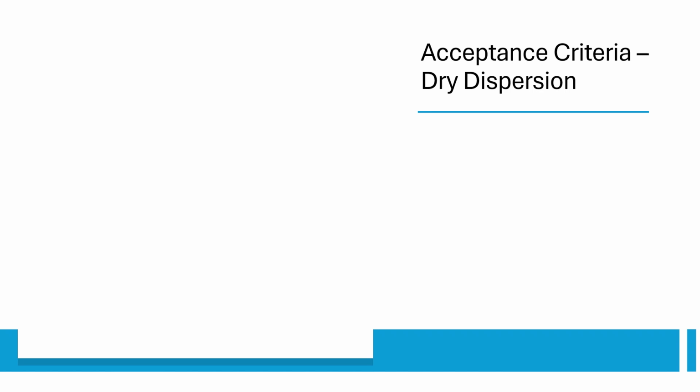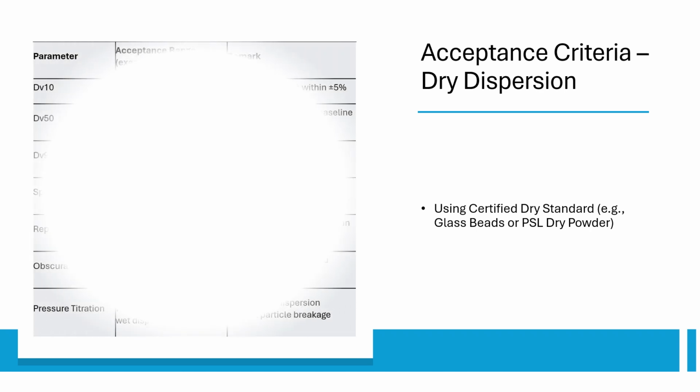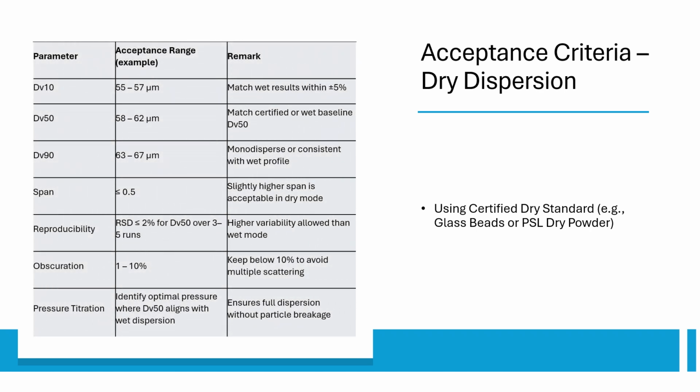So now we'll discuss an example for the acceptance criteria of dry dispersion, while using a certified dry standard like glass beads or PSL dry powder. For DV10, the acceptance range is 55 to 57 micron, and the result should match the wet results within plus or minus 5%.